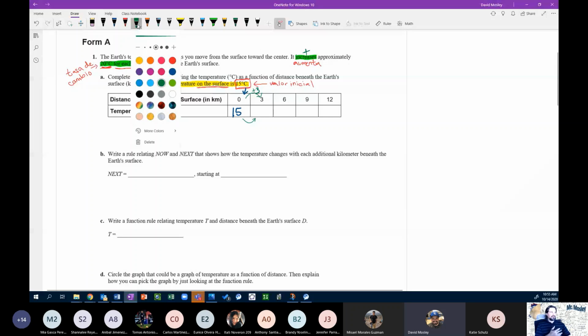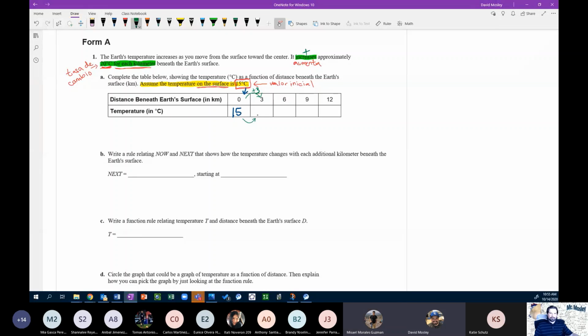How many times do I need to add 20 degrees to 15? ¿Cuántas veces tenemos que agregarle 20 grados a los 15 grados que ya tenemos? Si nos movemos de 0 a 3.